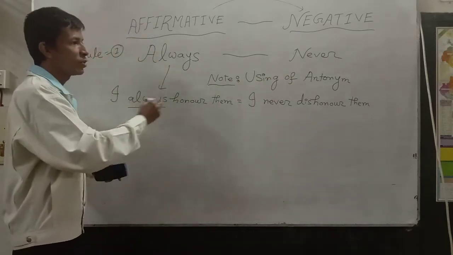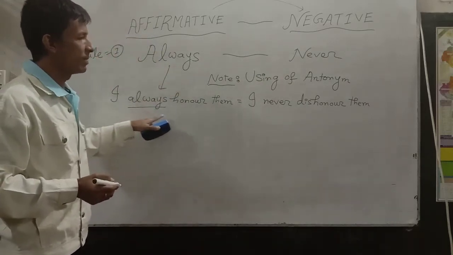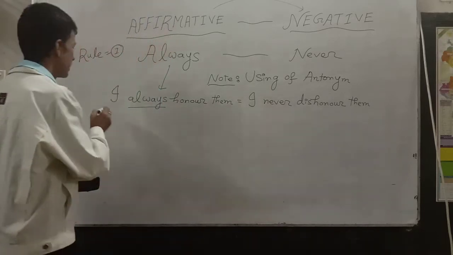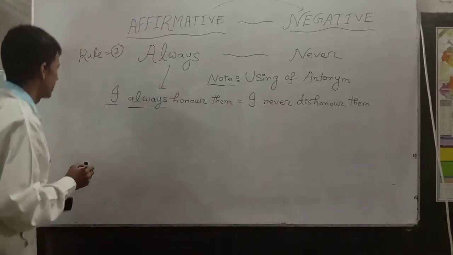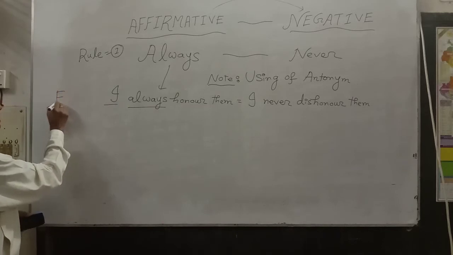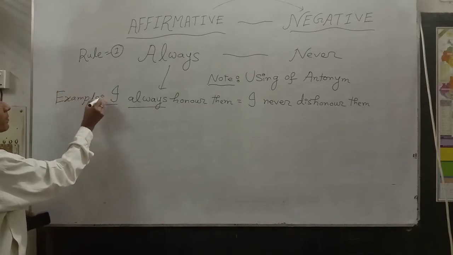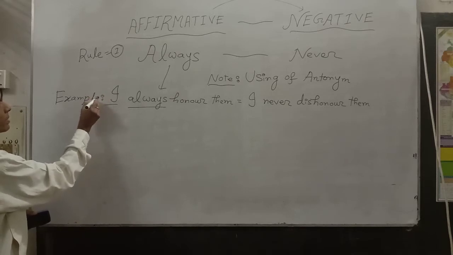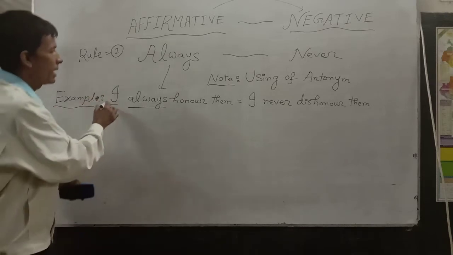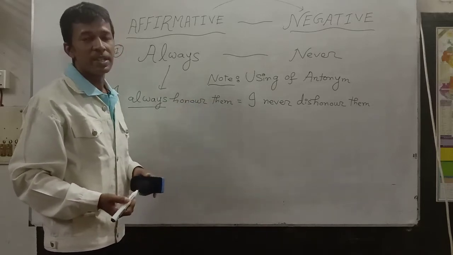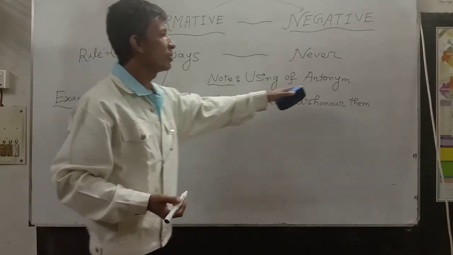Now look at these two sentences. One is affirmative and the other is a negative sentence. First of all, this sentence starts with the subjective case. Example: I always honor them. And I have already mentioned that you will have to use the antonym.